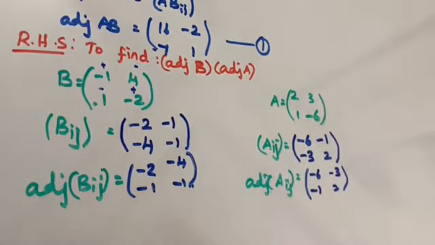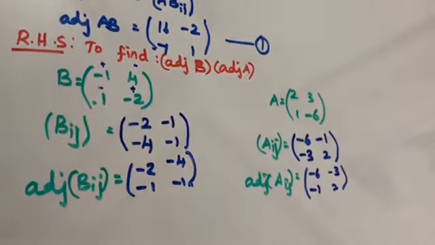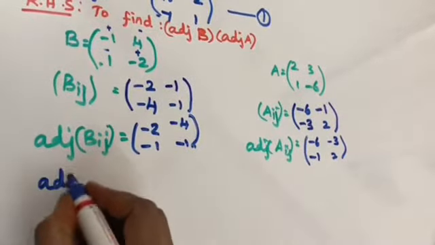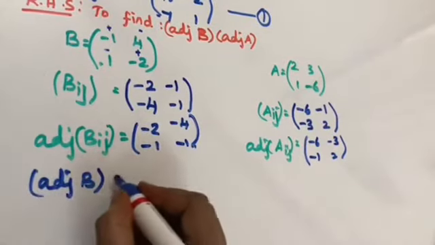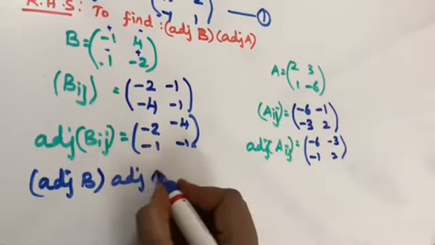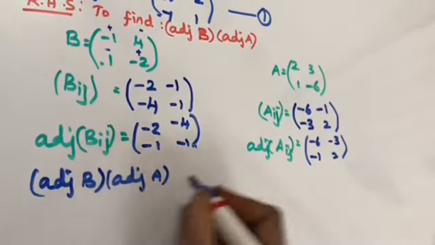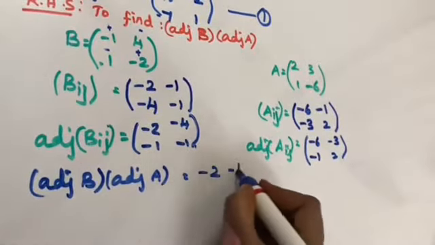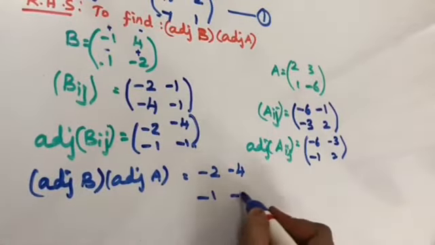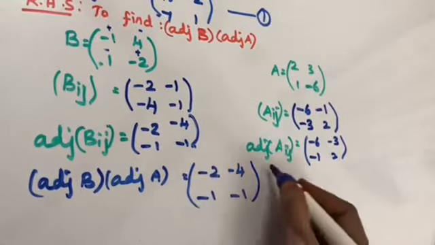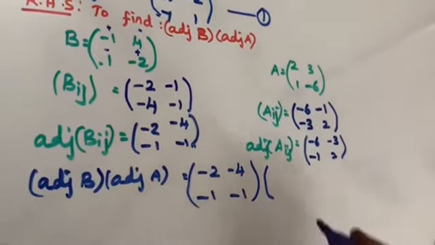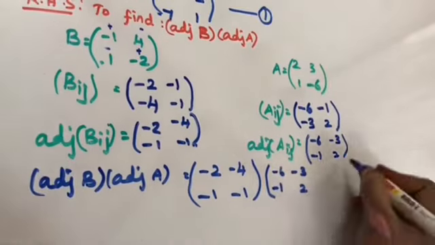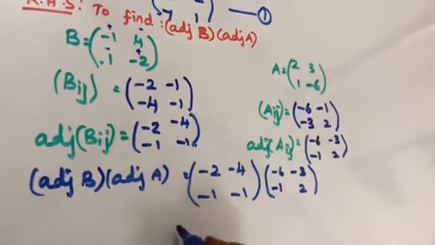Now we have to find the product. So adjoint B into adjoint A is equal to: adjoint B is minus 2, minus 4, minus 1 and minus 1, multiplied by minus 6, minus 3, minus 1 and 2. Shall we multiply now?